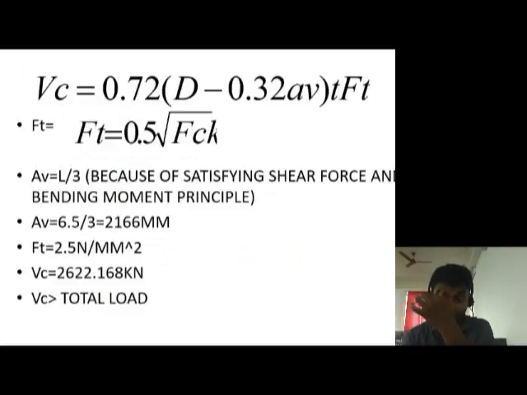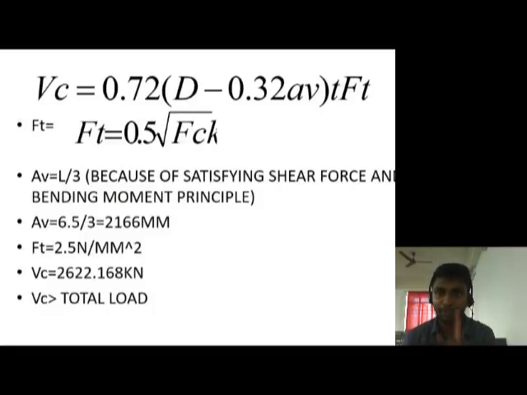Now we have to find out the VC. VC is equal to 0.72 into T minus 0.32 into small a into small b into thickness into capital F into T. For finding Ft, we would be using the formula 0.5 root over FCK. For a, we use L by 3, because it satisfies the shear force and the bending moment principle.